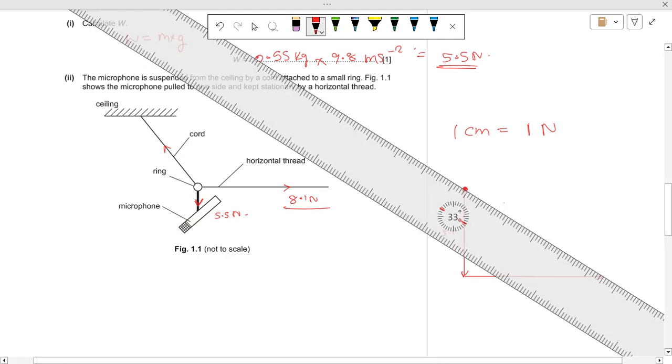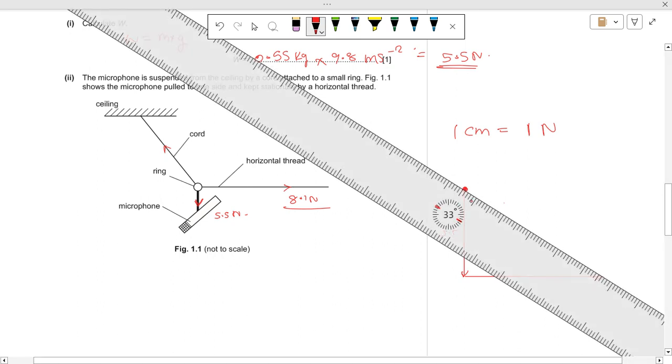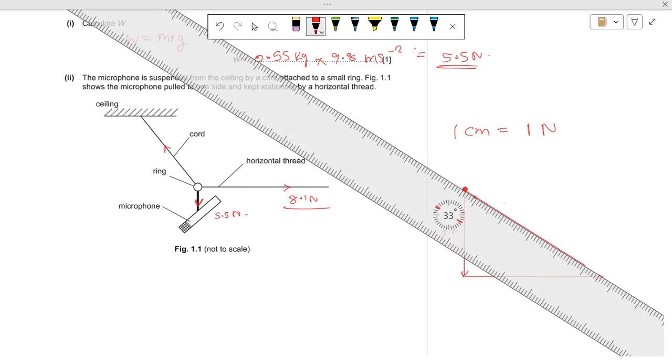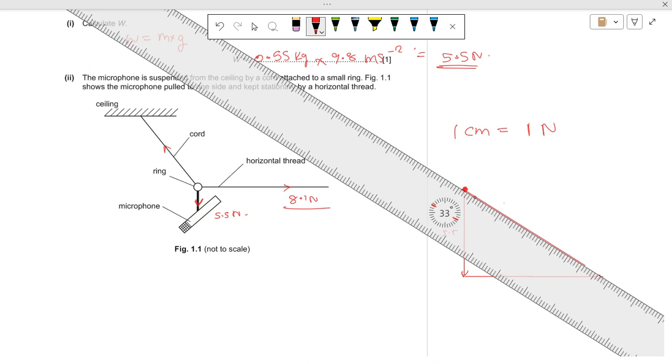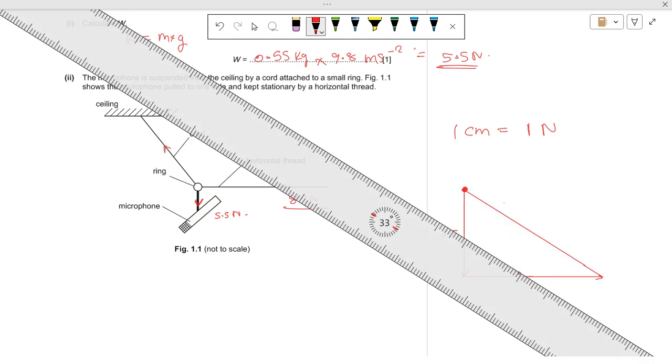The length of this line gives the magnitude, and by the angle you find the direction. 1, 2, 3, 4, 5, 6, 7, 8, 9 and nearly 10. I got 10.1 newtons because the length is 10.1.